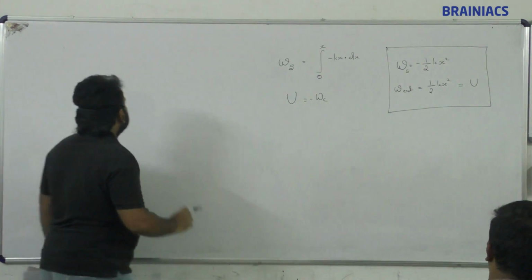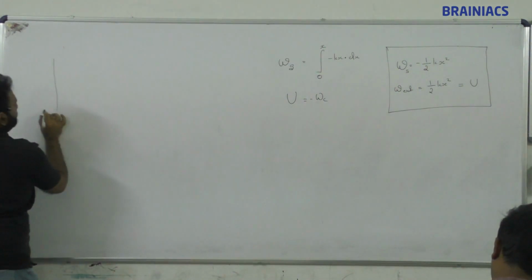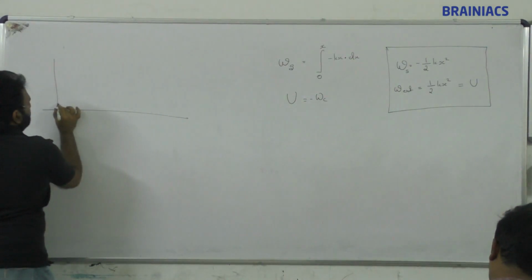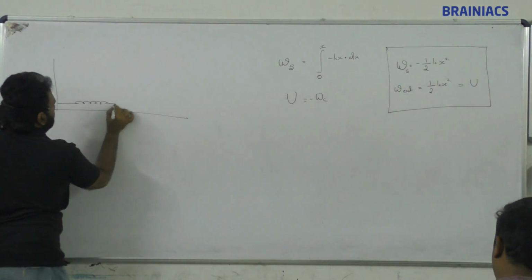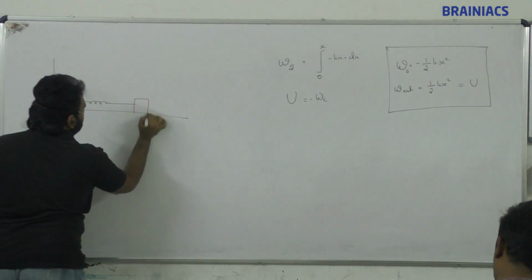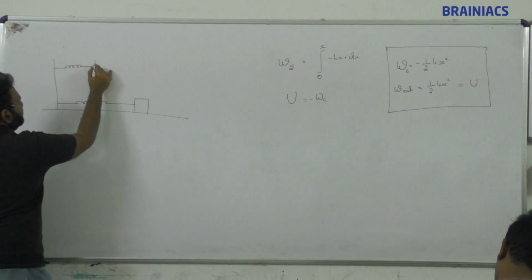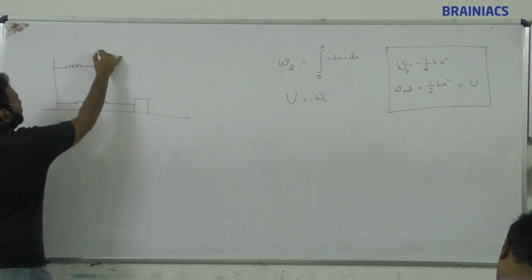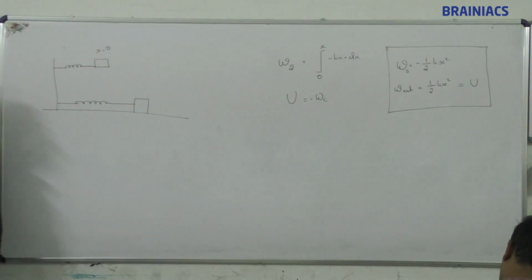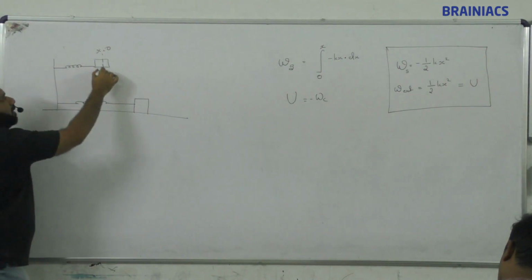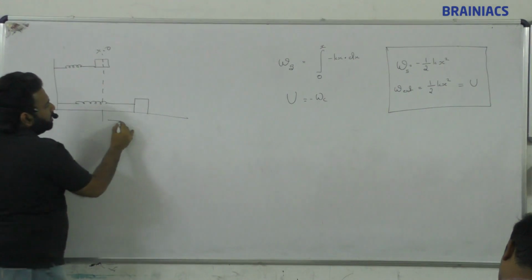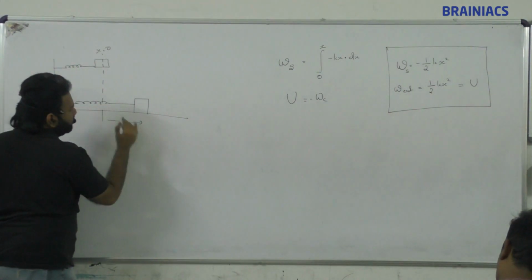Okay, done. Suppose, without any change in length, this is the position of the spring and this extension is xi.